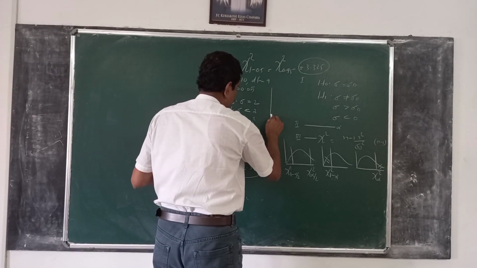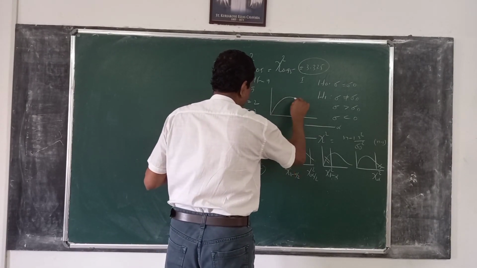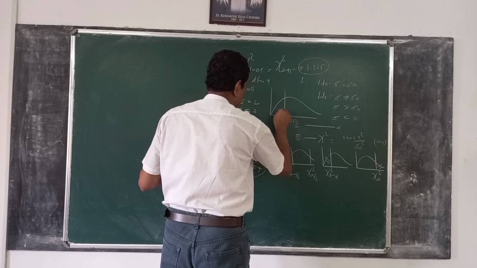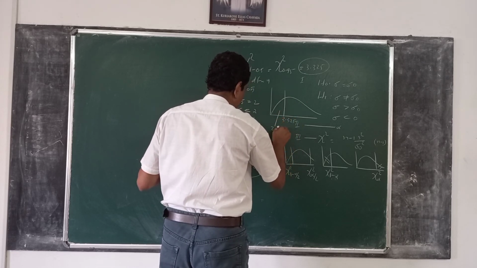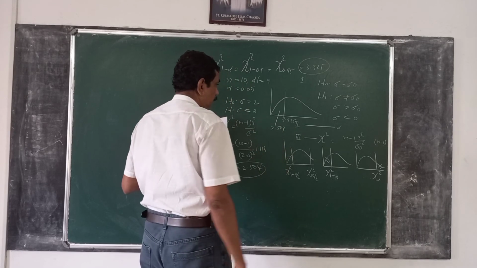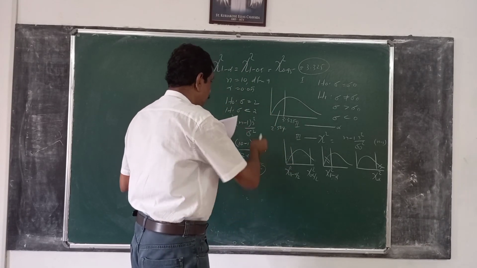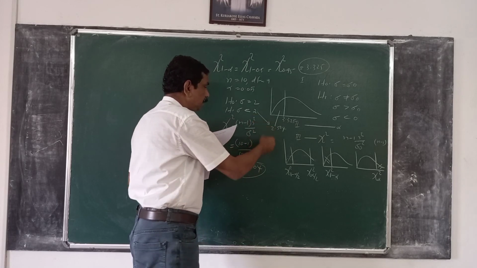What is obtained from the sample is 2.504, which is less than 3.325. H0 is rejected. That means the standard deviation is within acceptable limits.